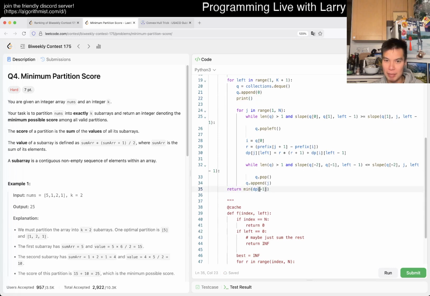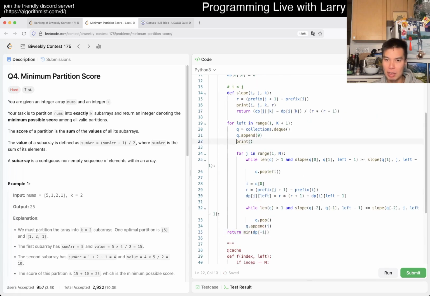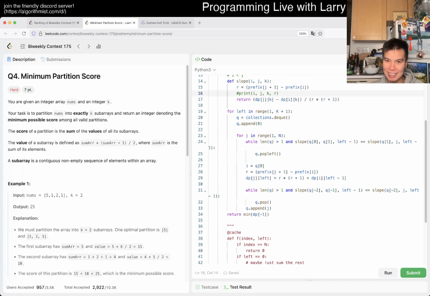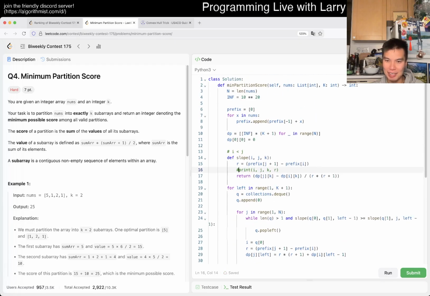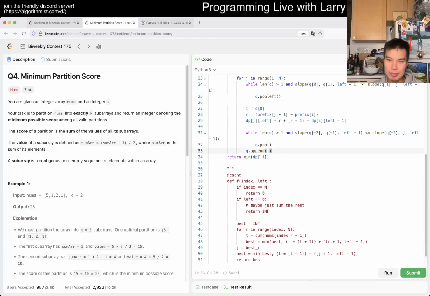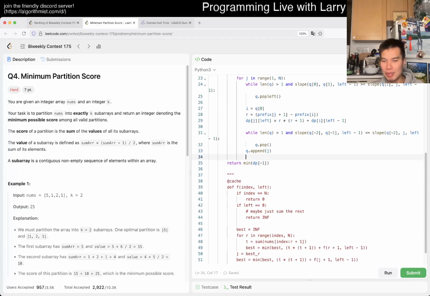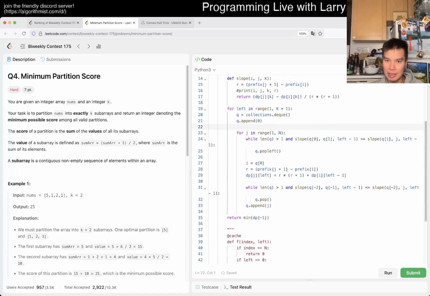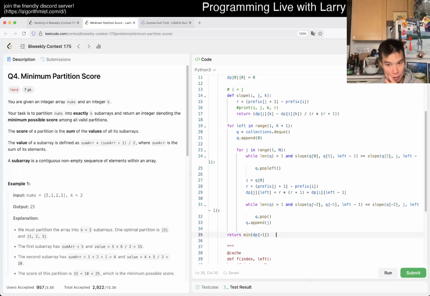Oh, actually, I messed that up because the indexing is wrong. Now to rewrite all the indexing. That's actually annoying. I should put K on the outside. That's what I meant. I also wanted to print each one along the way, and that's kind of annoying to do. So that's my silliness.